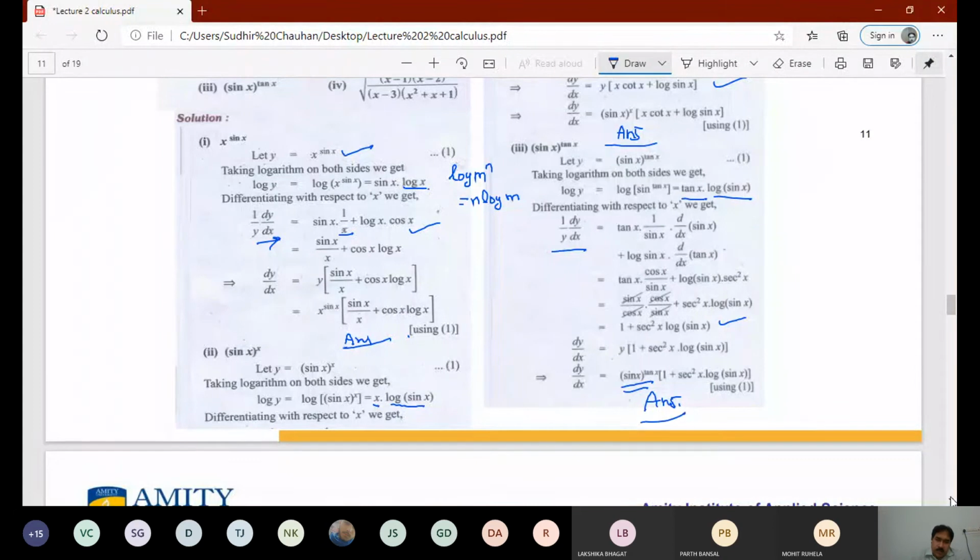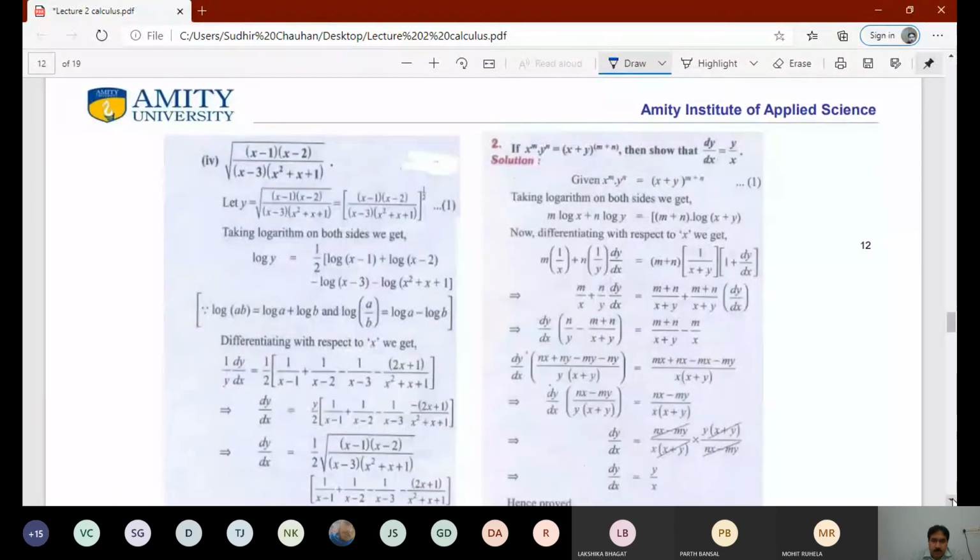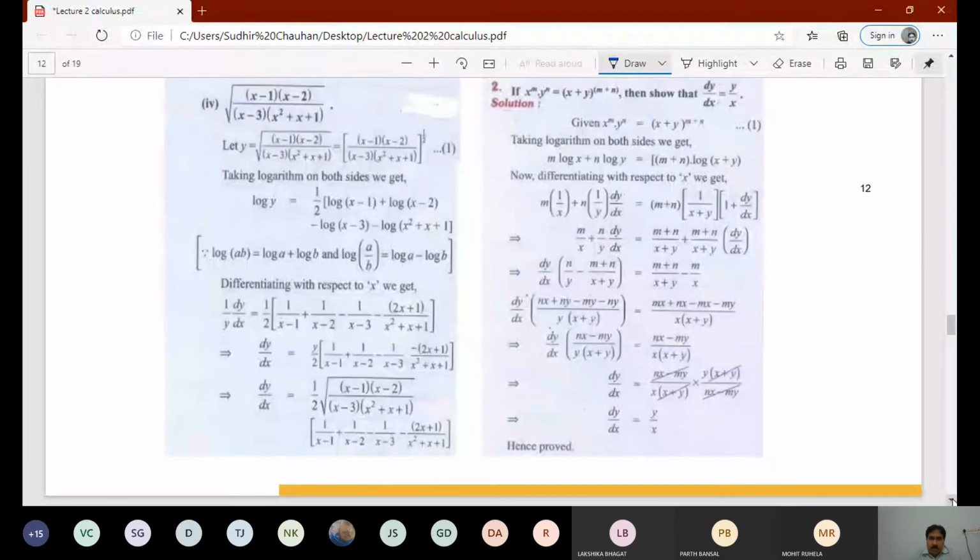So in that way we can find the differential of any function which is of the form u raised to the power v. Now here we have two different types of questions. Number one, if we have so many different functions as a product and in fractions, so in all these types of cases we can generally assume y is equal to the given function.